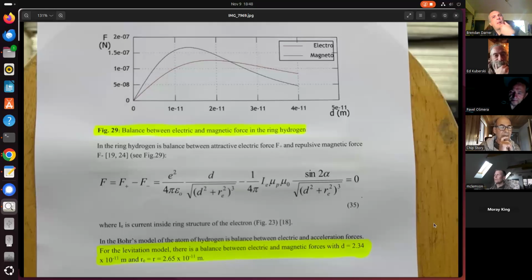But I'm injecting my thoughts. I don't know what the intention was in the model. I'm just struggling to piece it together. Pavel, was your intention to do away with the probabilistic nature of Bohr's model with these subset elements of toroidal rings that have self-emergent stability at the levitation point?